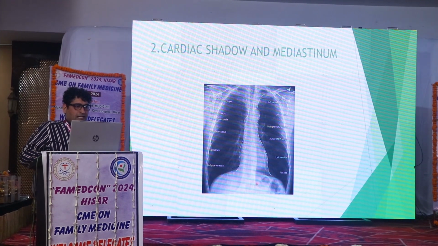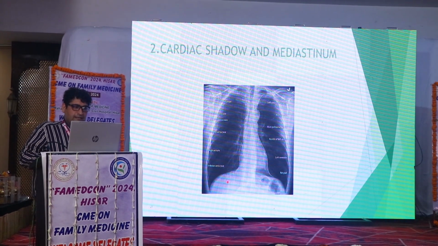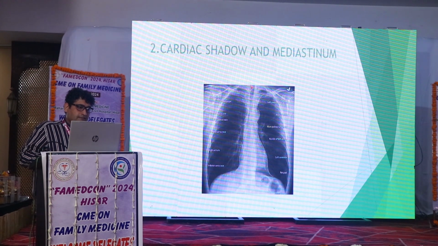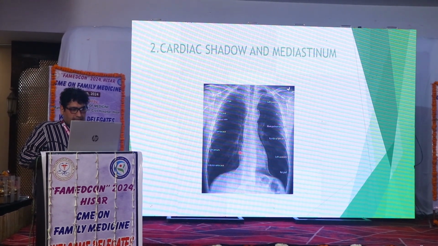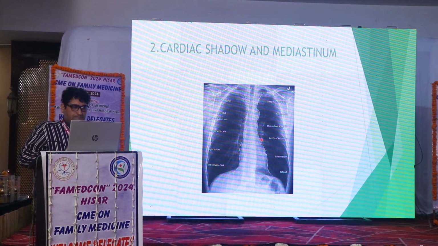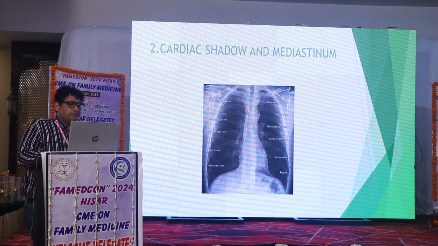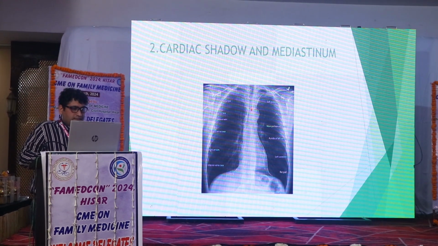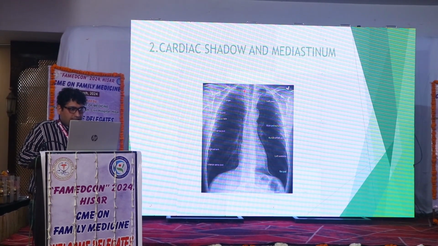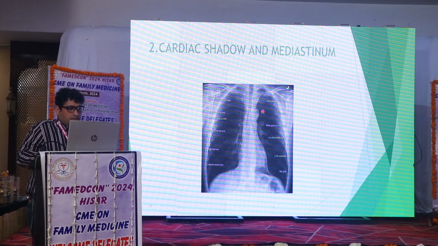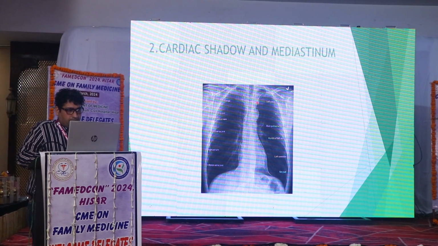So now coming to the cardiac shadow and mediastinum. See, this is the boundary of the mediastinum and this is the boundary of the cardiac shadow. There are some markings, and what all things they represent is an important point to know. This is known as the right paratracheal stripe. This one is the left paratracheal stripe.